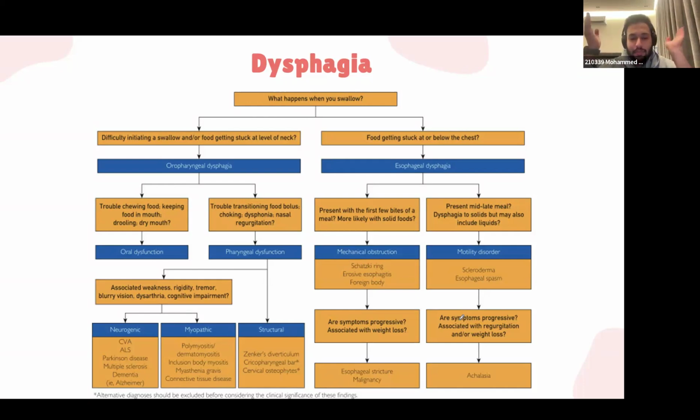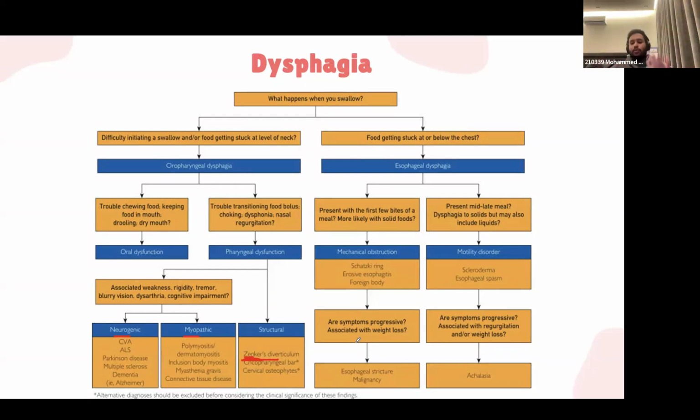Zenker's diverticulum. Good, perfect. Okay. From this whole thing, I want you guys to master Zenker's diverticulum and just know that neurogenic is because of stroke, and then you have myopathic causes. Okay. The specifics of it is not important. This is the most important thing. Zenker's diverticulum. That's it for oropharyngeal.